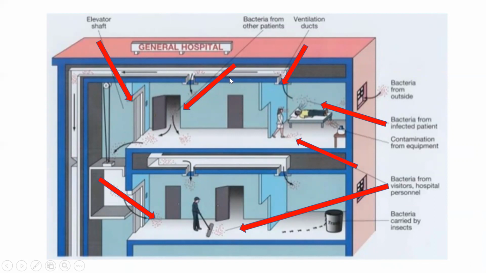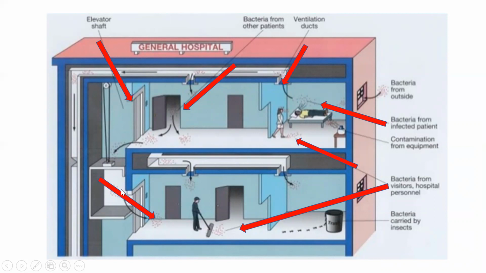like from the elevator shaft, then bacteria from other patients, then ventilated ducts, bacteria from outside, bacteria from infected patients, then contamination from equipment, bacteria from visitors, hospital personnel, bacteria carried by insects.